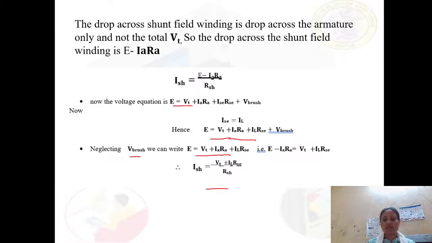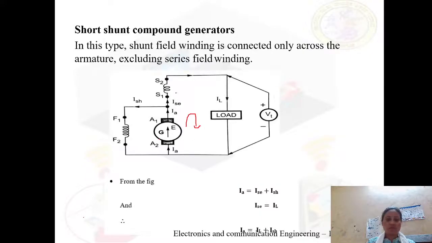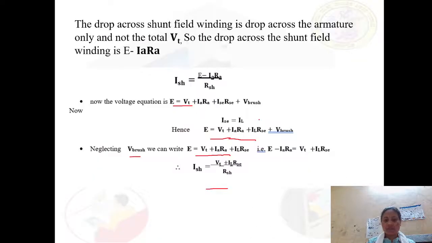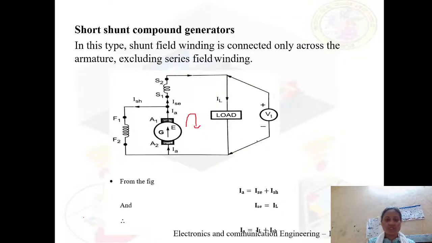And from this, we can rewrite the expression for ISH as VT plus IL RSE divided by RSH, because here E minus IA into RA can be considered as ISH into RSH.